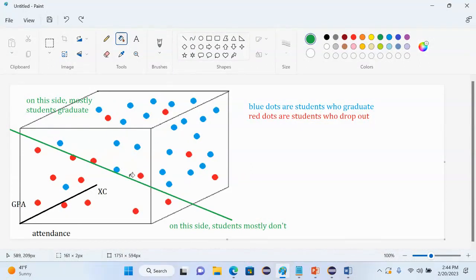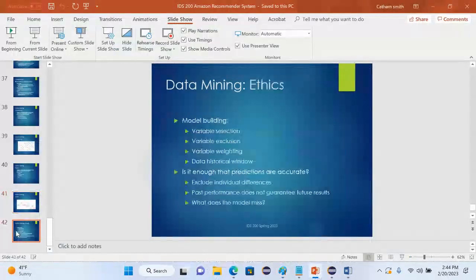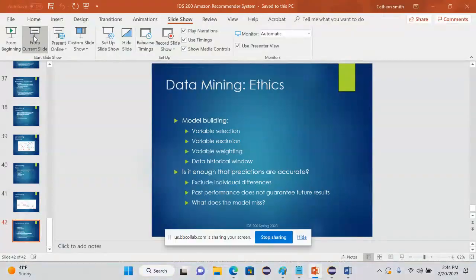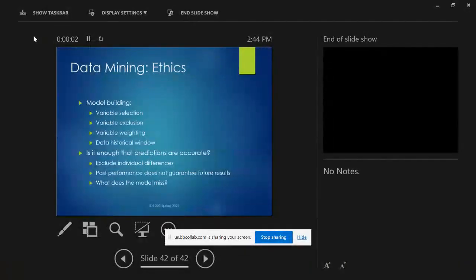And over here, there are several students, several red dots, who even though they had a seemingly strong profile, they dropped the ball there for whatever reason. Maybe it was their fault, maybe not, I don't know. I don't know the stories of these dots. But what I can tell you is model building has a lot of art as well as science.